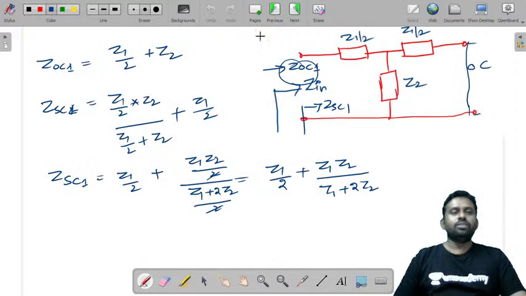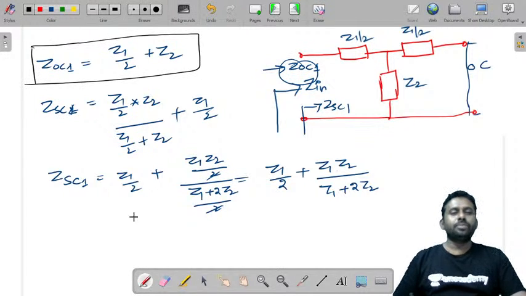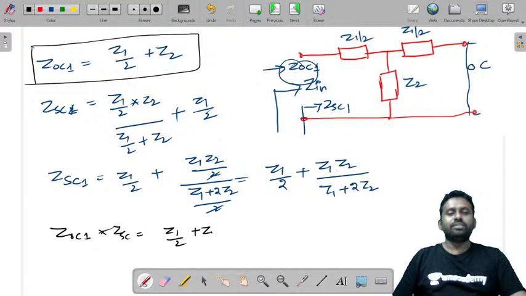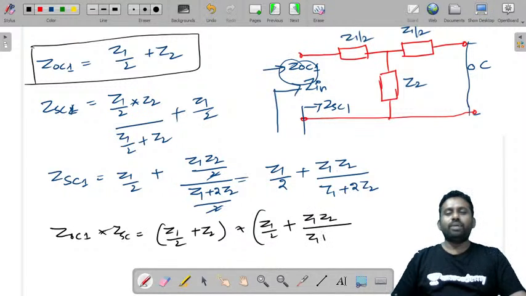Right? This is the value of ZOC that we got. Try to multiply them, ZOC into ZSC. What is that? Z1 by 2 plus Z2 into Z1 by 2 plus Z1 Z2 by Z1 plus 2 Z2.